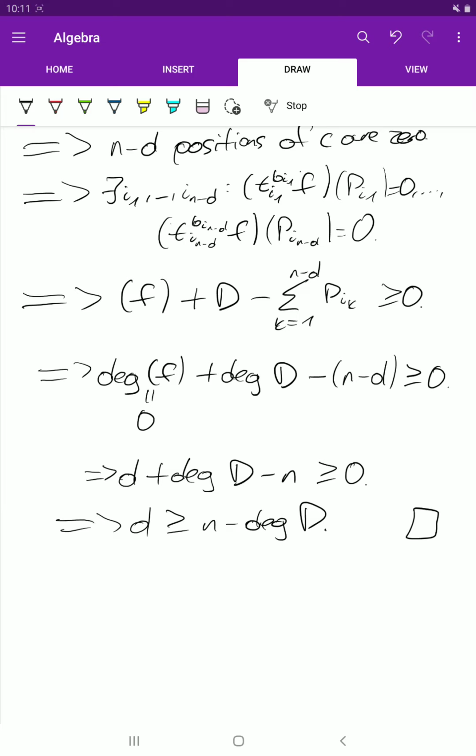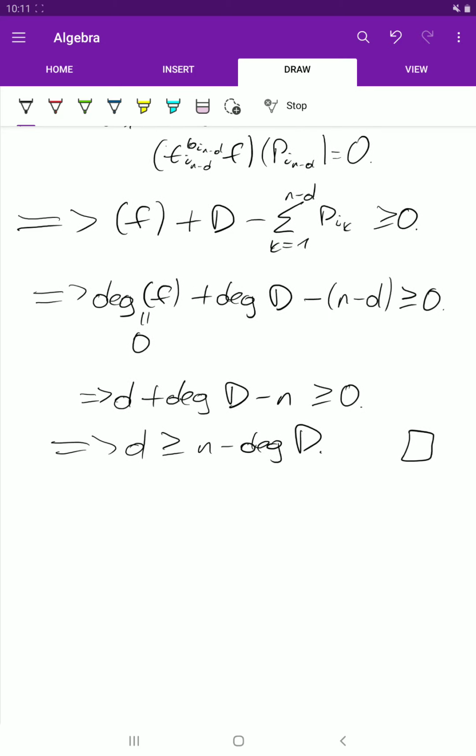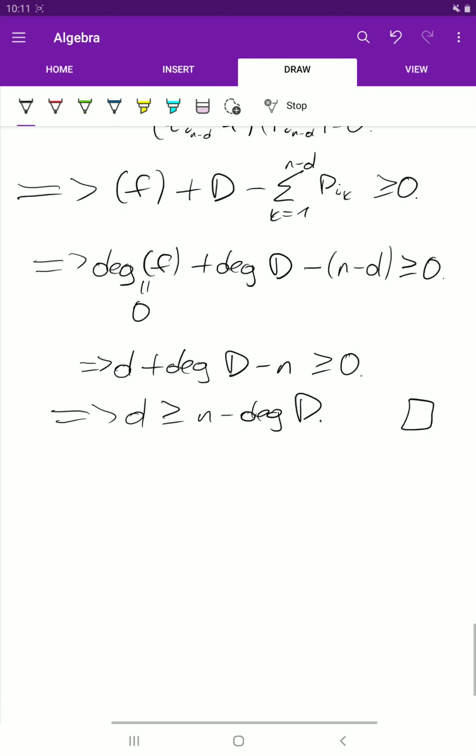That's also what I wanted to cover in this video. So in the next video about algebraic geometry codes, we'll see that the code parameters depend, and not just the parameters, actually the equivalence class of the code.